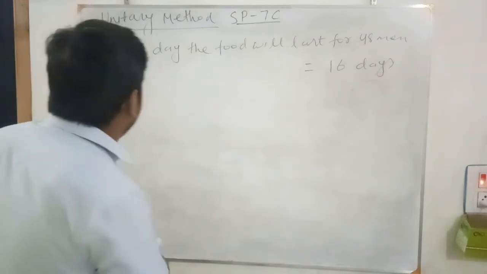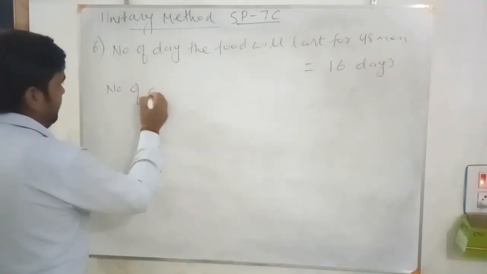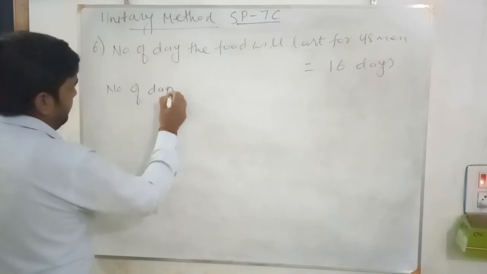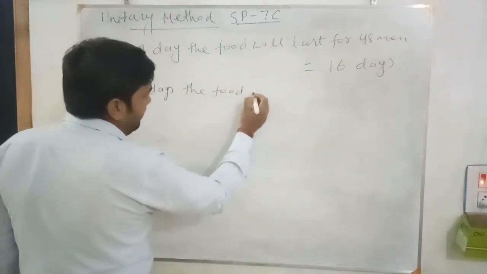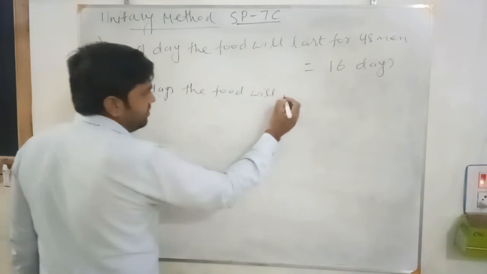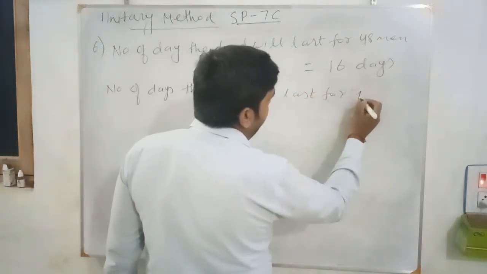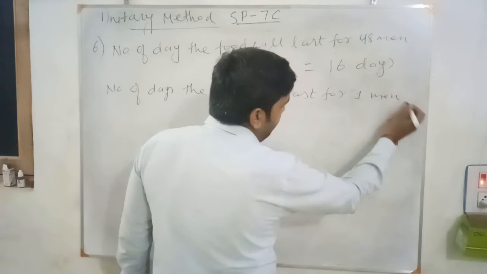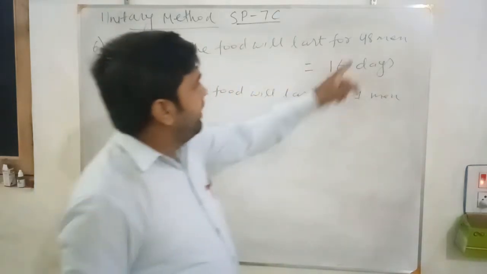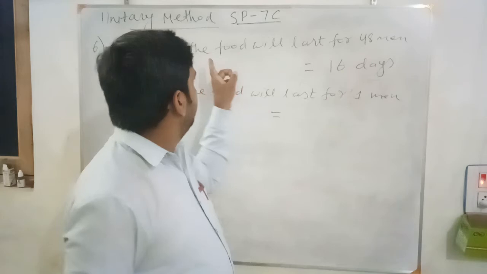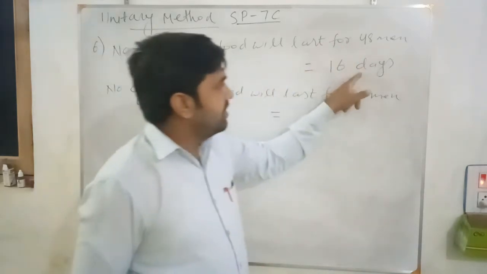Now if you decrease the number, the number of days the food will last for one man will be what? 48 men can survive with the same food for 16 days.